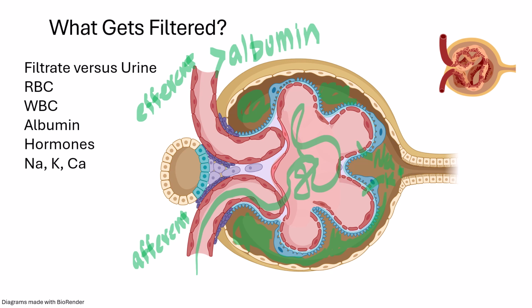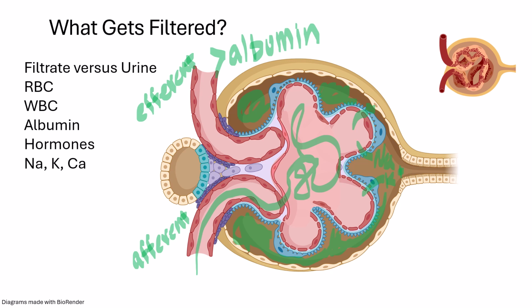And they're capable of fitting through the fenestrations of the capillary, the podocyte slits, and entering into the capsular space. Therefore, small hormones are expected to be present in the urine.